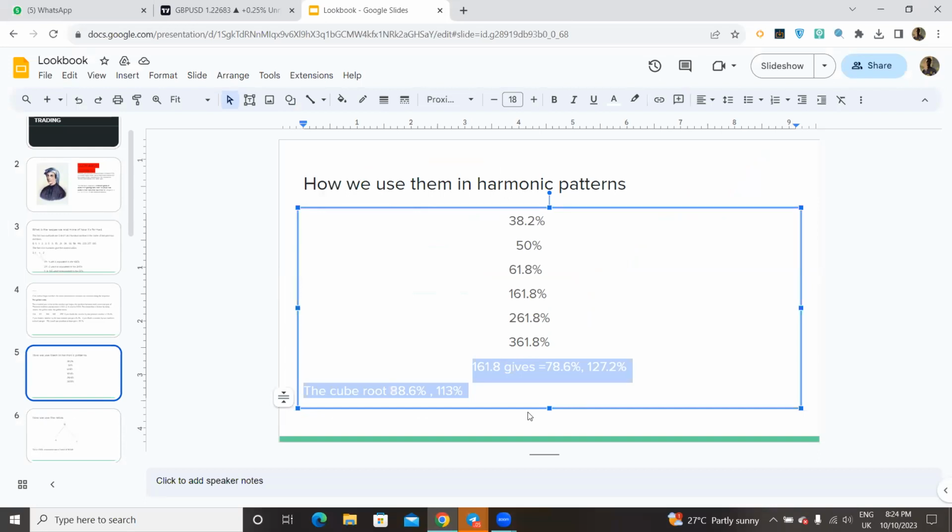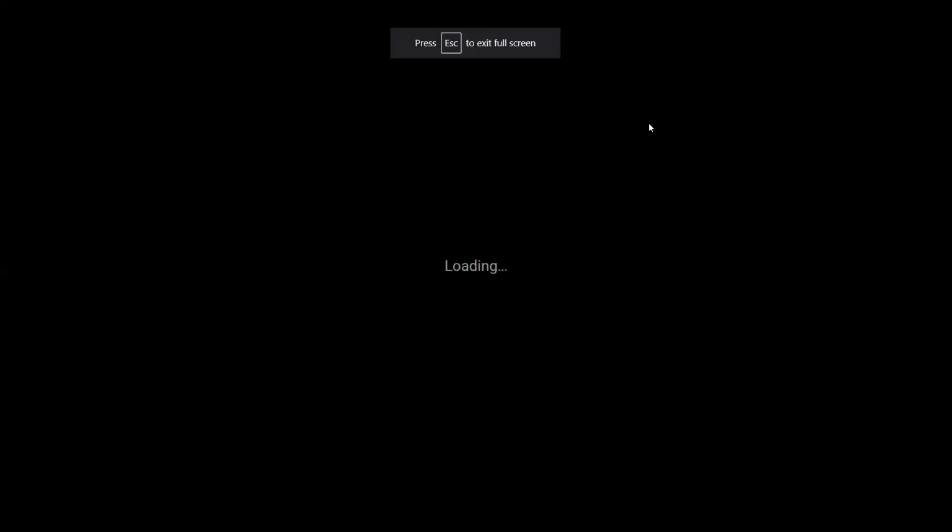It gives you 78.6 and 127.2. That's how we get the 78.6. Now, if you get the cube root of these two numbers again, you get the 88.6 and the 113. We're going to look at how the 88.6 and the 78.6 help us in organizing harmonic patterns.